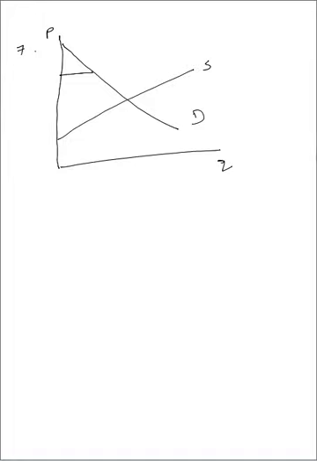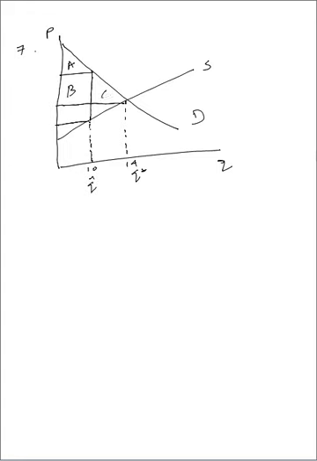These are the dot points, that is the equilibrium quantity, and the initial equilibrium quantity was 14, that is Q star. As a result of tax, you can see there are three regions over here. This region is B, and this is C, and this is D.